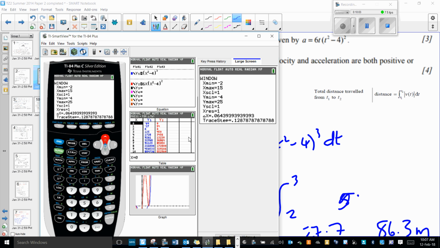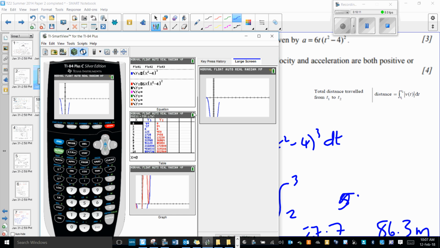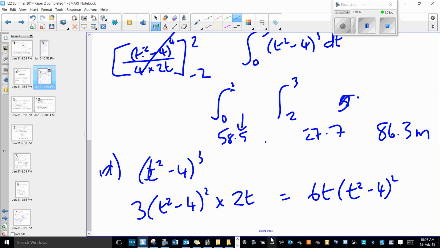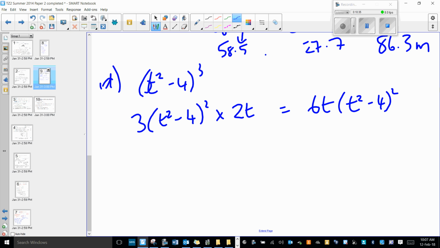Okay, this one's negative down here, this one's positive. So they're both positive here, so that's between the values of 2 and 3. So E is between the values of 2 and 3.